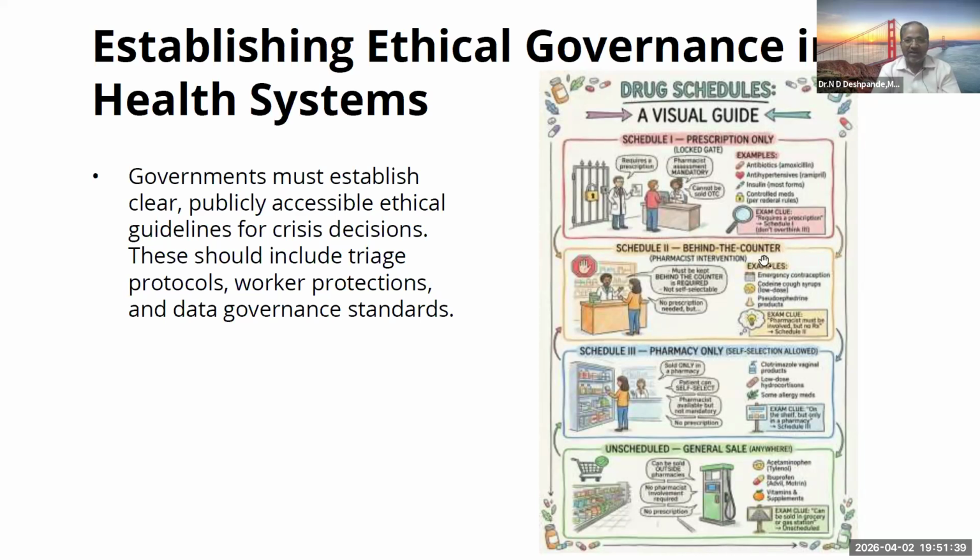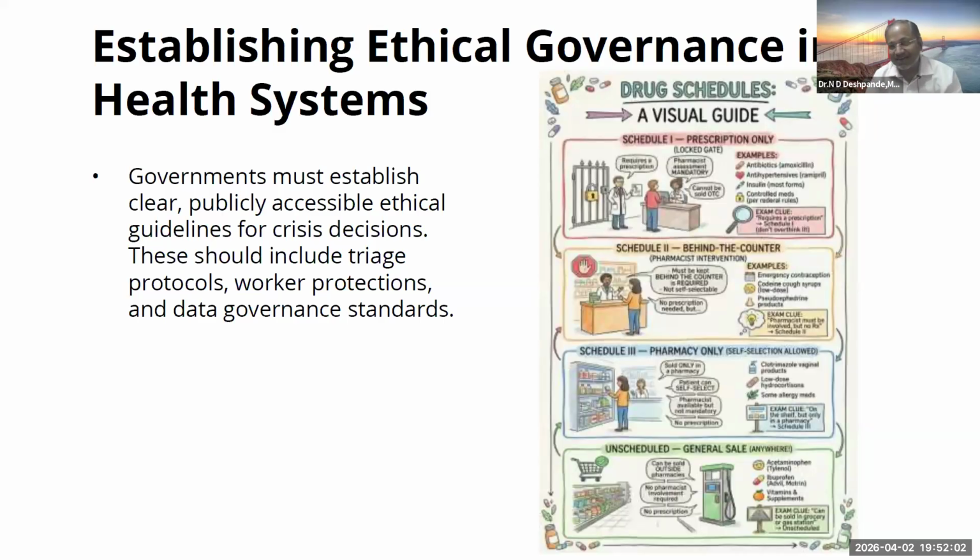So prescription only, behind the counter, pharmacist intervention, pharmacy only, unscheduled general sale. So anything of that sort, like in case of COVID-19, you might have seen social distance, cover the mask, wash your hands, keep distance, and get yourself vaccinated, or sometimes even isolated in various quarantine.